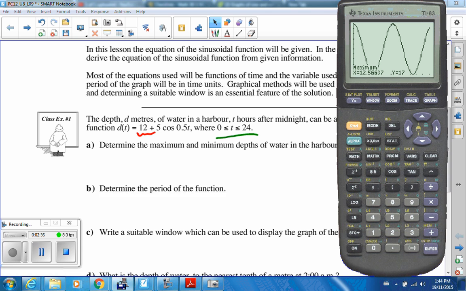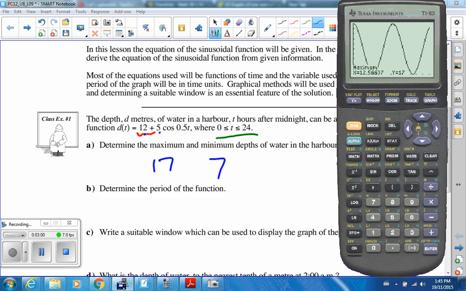I've definitely done something wrong there because the max should be 17. Oh, no, there it is. Good thing I'm paying attention. My max is 17. I was just looking at the wrong value. Anyway, my minimum value will be 7, which is just the 12 minus 5.